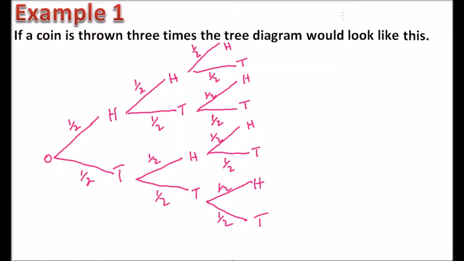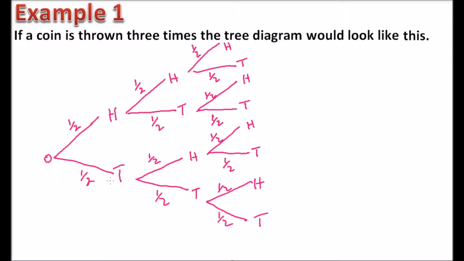Then, in my introduction I said that in this case we deal with mutually exclusive as well as independent events. So when you toss a coin the first time, you get a head or a tail. These are mutually exclusive events, because when you toss a coin the first time, you either get a tail or a head.